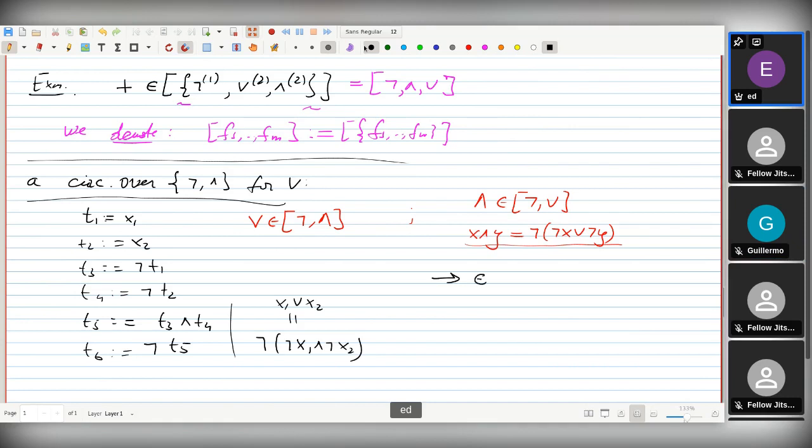Similarly, implication belongs to the closure of not and disjunction, because implication of x and y is just not x or y. But can we express implication via negation and conjunction, not disjunction?